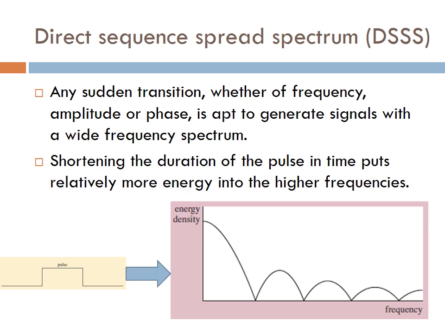In case we have a pulse like this, where we have a sudden transition, whether in frequency, amplitude, or phase, normally when we have such sudden transition, it's apt to generate signals with a wide frequency spectrum.